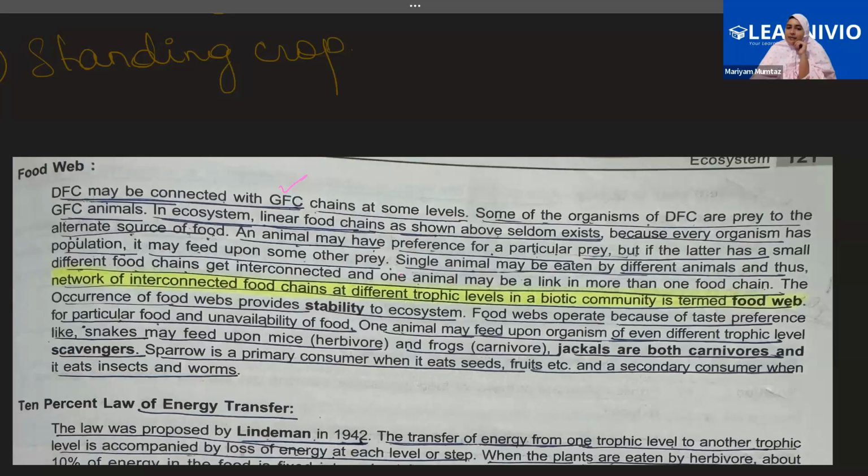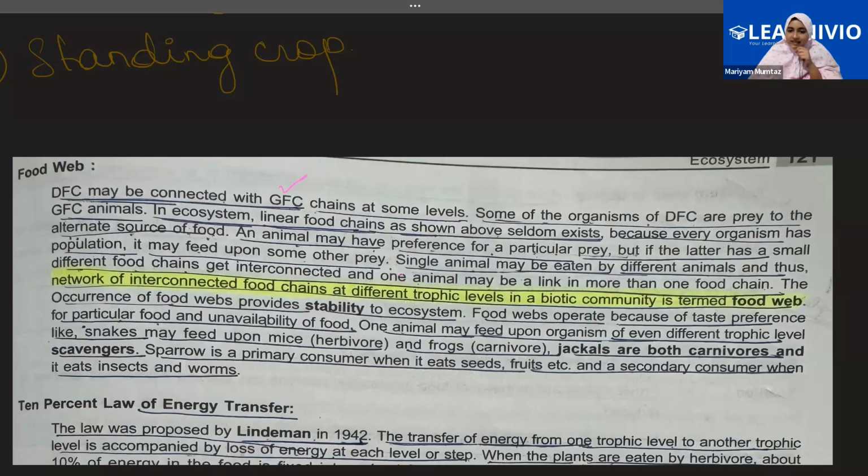An animal may have a preference for a particular prey, but if the latter has a small population, it may feed upon the other prey, because if the population of the prey is dying, then the organism may change so that the population does not go extinct. Like you know that a predator is prudent, meaning it is thoughtful of what it is going to eat.